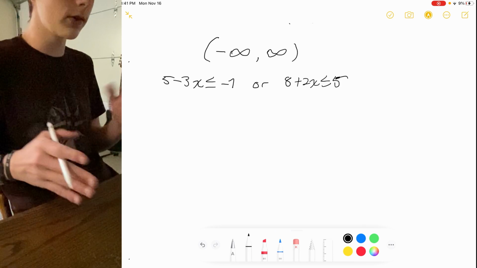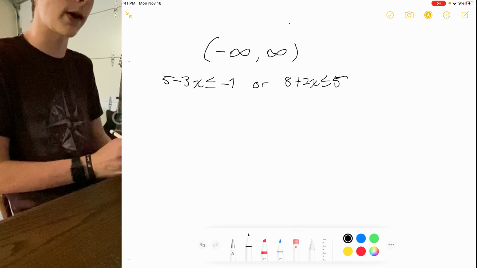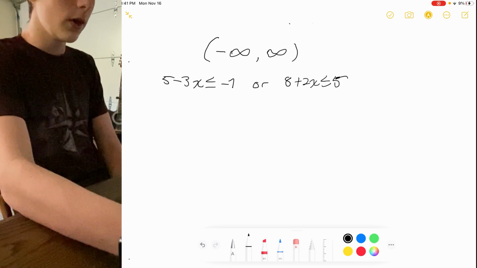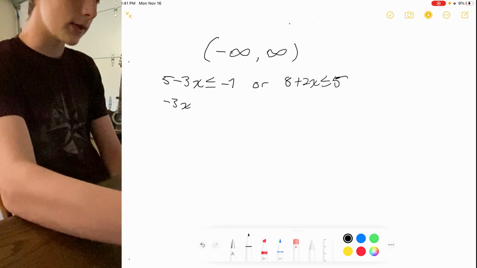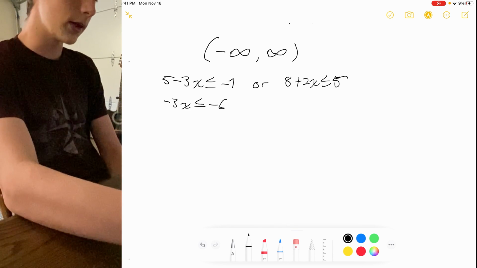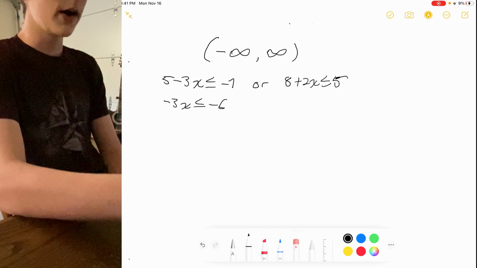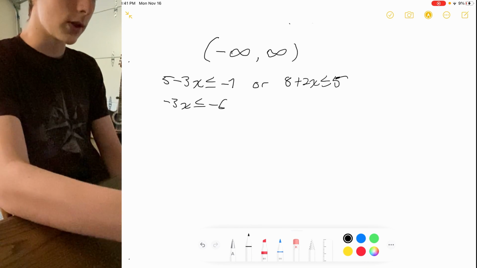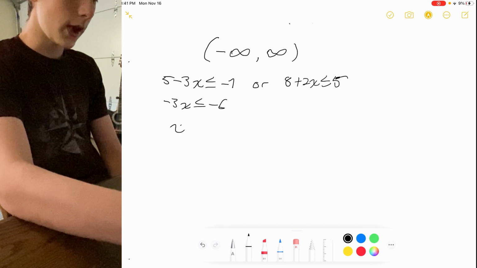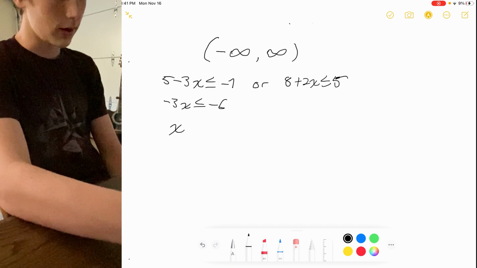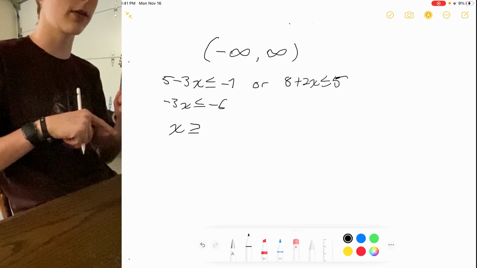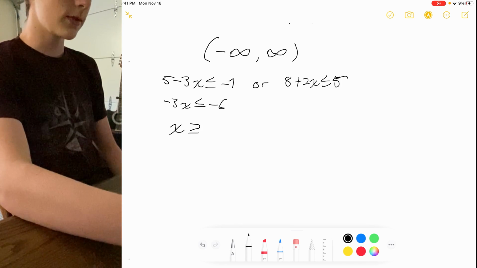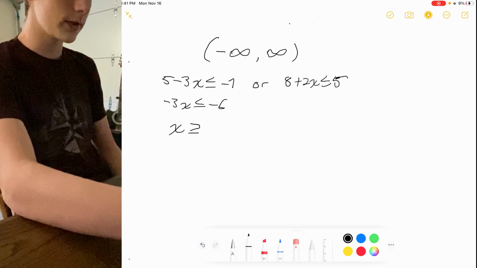We're going to solve one, then solve the other, and then put them back together with that or again. In this one, I'm going to subtract 5 from both sides, so we'll get negative 3x is less than or equal to negative 6. We're going to divide by negative 3. Now this is going to be interesting. If we divide by negative 3, we get x, and that symbol is going to switch, so it's going to be greater than or equal to, right? Because we're dividing by a negative number. Negative 6 divided by negative 3 is positive 2.